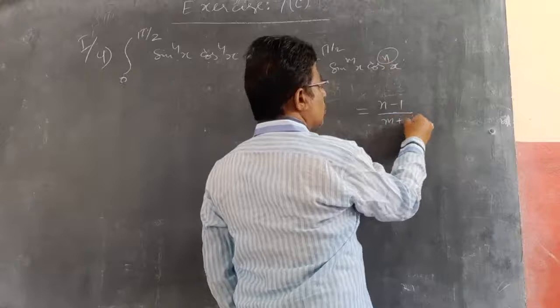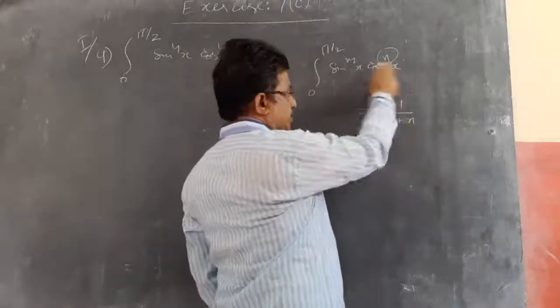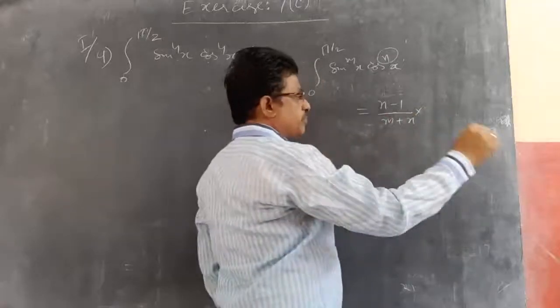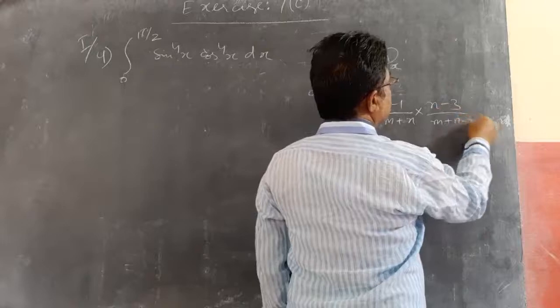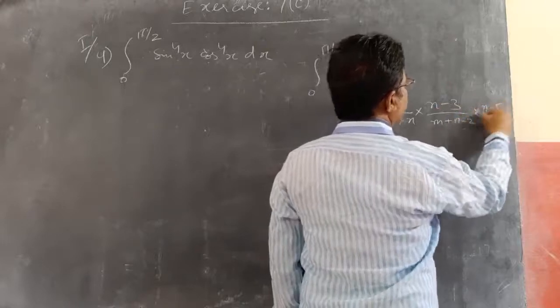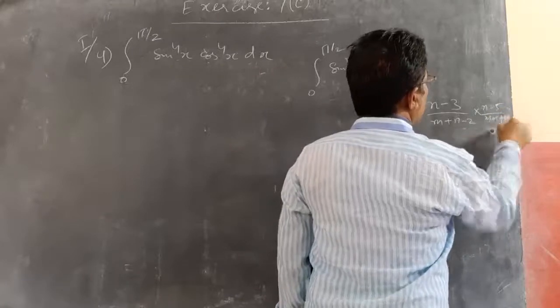No need to learn by heart at all. The simple trick is just this minus 1 by the sum of the two, then subtract 2 from the numerator and denominator. So n minus 3 by m plus n minus 2 into n minus 5 by m plus n minus 4, and so on.